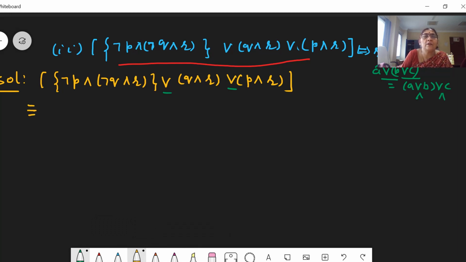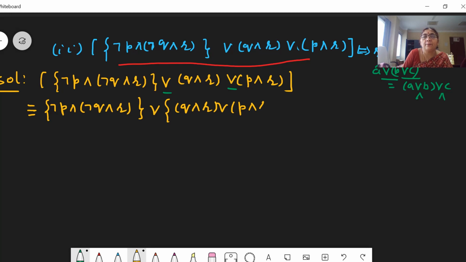From the associative law, negation of P, conjunction of negation of Q, conjunction with R, disjunction of Q conjunction with R, disjunction of P conjunction with R. Okay, fine. In the next step, this, which law? I consider associative law.